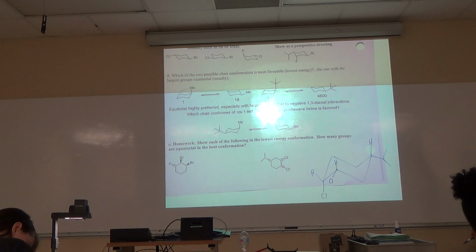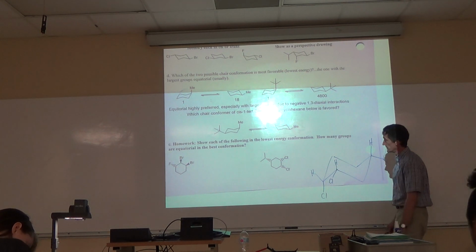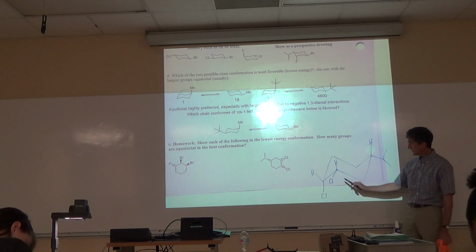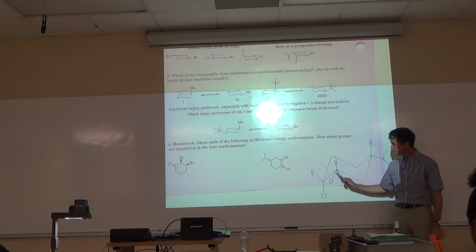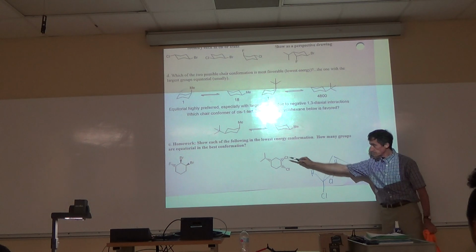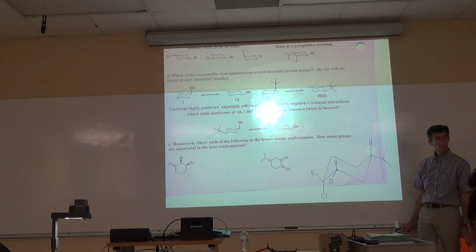You can't just go by a wedge and a dash to put on your chair. You go by the hydrogen being above or below, you call it cis and trans, right? Yeah, these are cis. They're both below the H's. Yes. They're supposed to be cis. So then, how would you draw the dashed hydrogens on that cyclohexane?